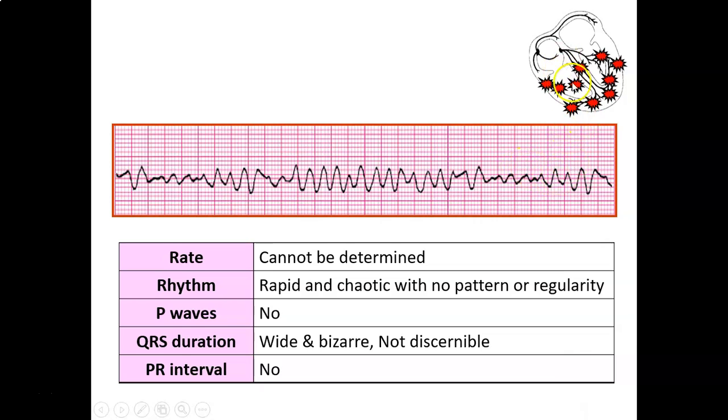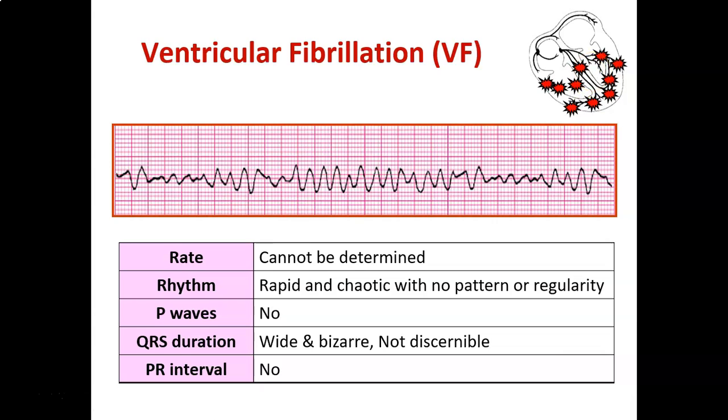So it means it's coming from multiple sources within the ventricles. There are so many ectopic foci, so many naughty children, that they have suppressed the SA node completely. Even if in between the SA node is firing, it's very hard to detect its activity. So this is your ventricular fibrillation.